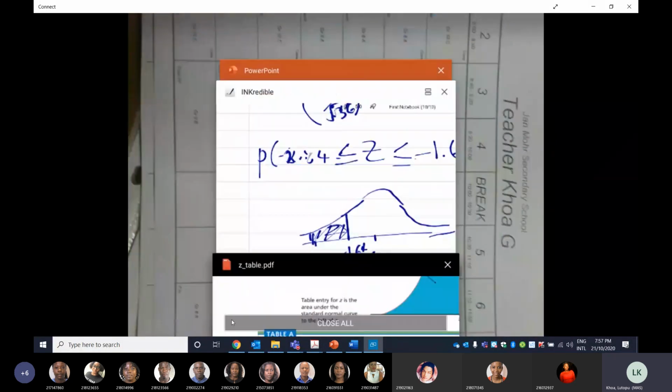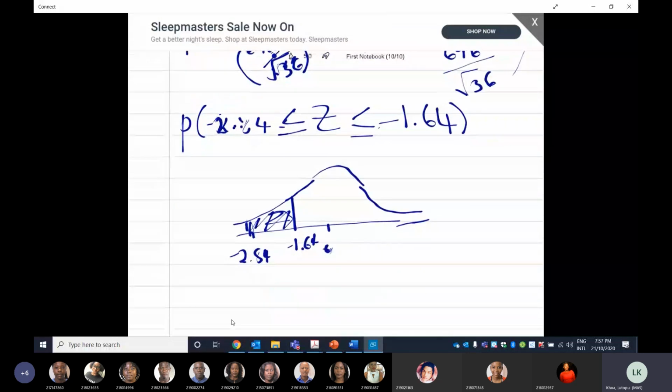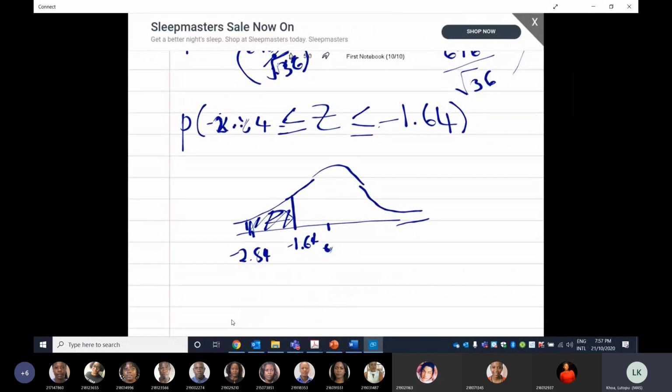So let's go back here. Now we need to figure out a way to read this part of the table, given the table that we have. What we can do is read the area from 0 to 1.64, and then read this area here as well.